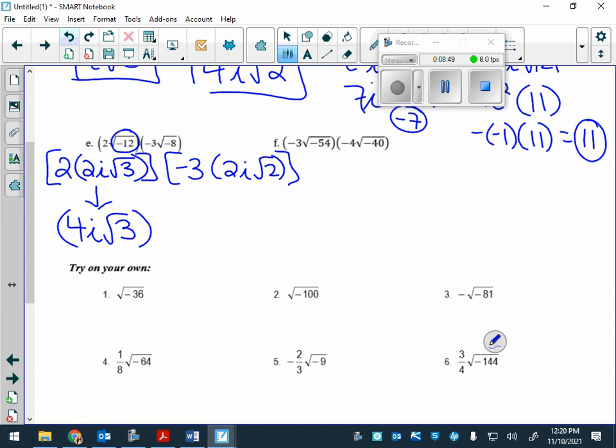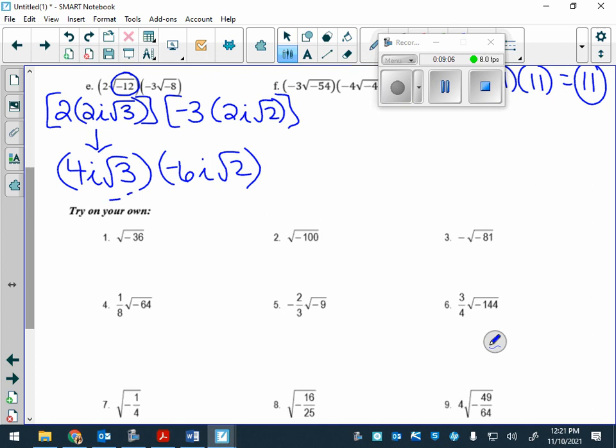So now if I multiply negative 6i root 2. Now I'm ready to multiply together. What is 4i times negative 6i? Good. Negative 24i squared. Then root 3 times root 2.